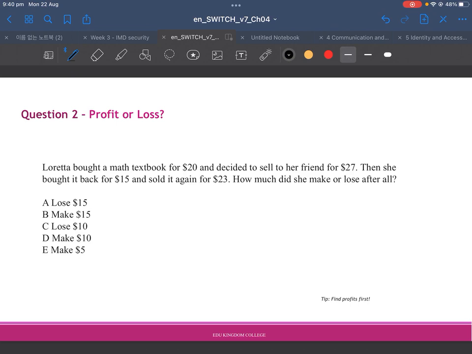Now, assuming that this is profit, and I mean assuming, profit equals gain minus loss. This is just what profit means. So if you write down the gains and losses, anything she buys is a loss.